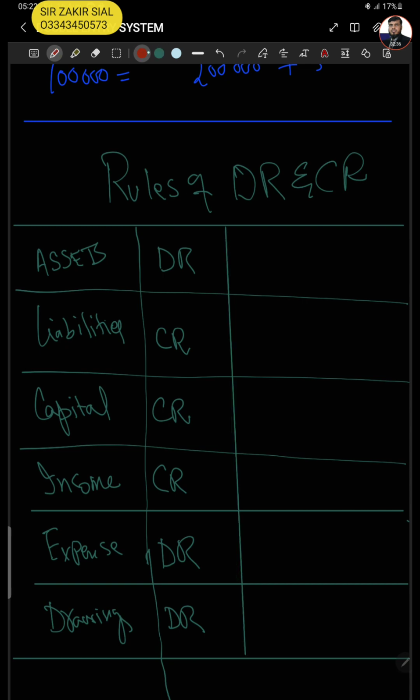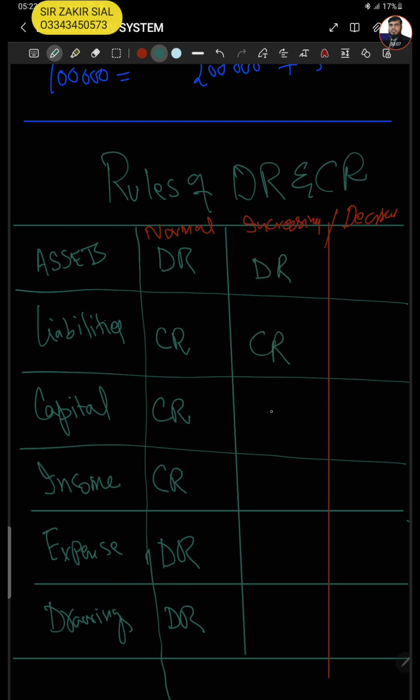This is the normal situation. But if these are increasing or decreasing, then what will happen? If assets are increasing, then they remain on the same side. Debit remains on the debit side, credit remains on the credit side.